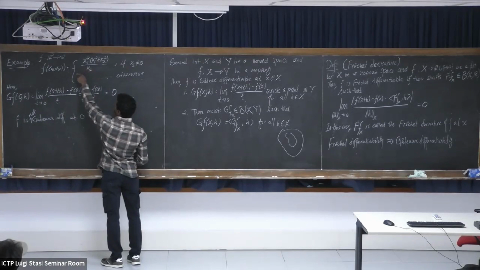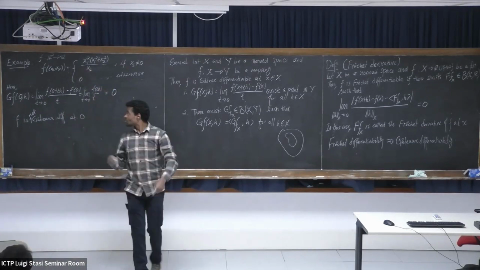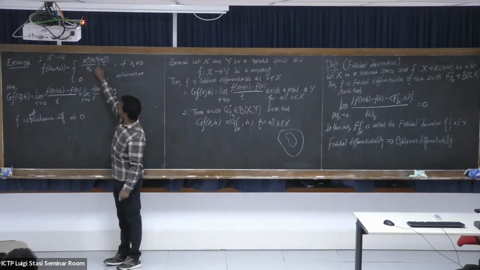Here we have x, in the denominator we have t, here we have t to make this zero. This is 0, this is 0.